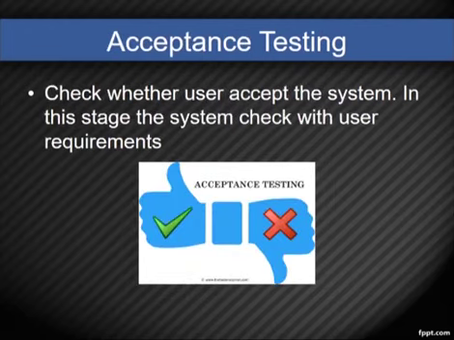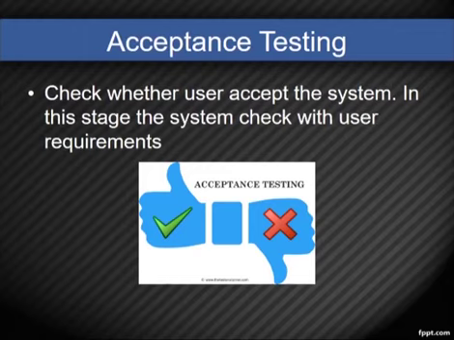Acceptance testing. Acceptance testing means this testing stage is done by the user, to see whether the system is accepted by the user. We take the requirements in the first stage, then we take the feasibility report, then we design, then we code, then in the testing stage we show our developed system to the user and take the feedback.